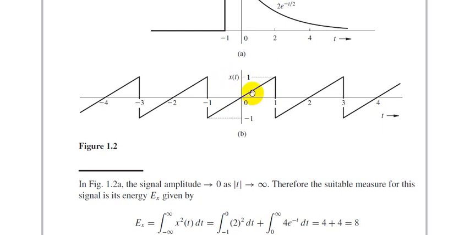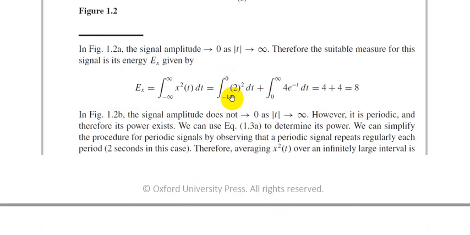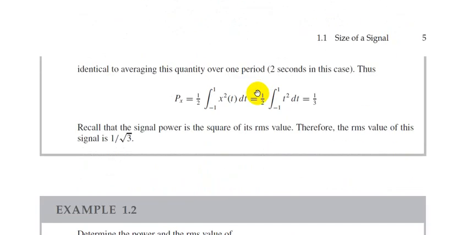So the function of this signal is x of t equals t, because this is a straight line going through the origin. Therefore we take t square here, and we evaluate this term by integrating t square from -1 to 1, and the value will come up as 1 by 3.